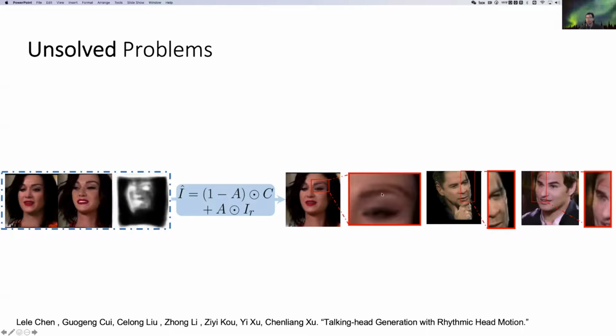You can see the eyes over here and also the edges. Probably it's not apparent in a video, but if you zoom in, you can clearly see those artifacts, which would affect the visual performance. So this probably is still unsolved.